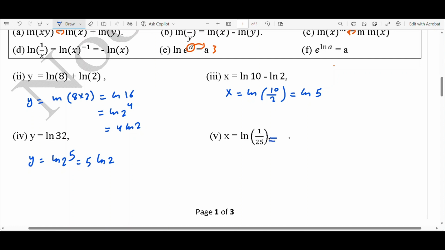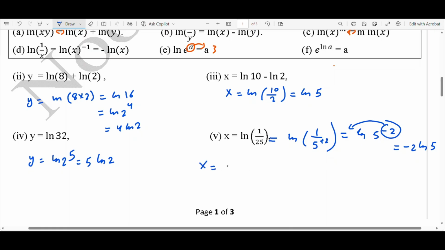I can say ln 1 over 5 to the power negative 2, it's positive 2. Flip it, ln 5 to the power negative 2. Move the coefficient, negative 2 ln 5.